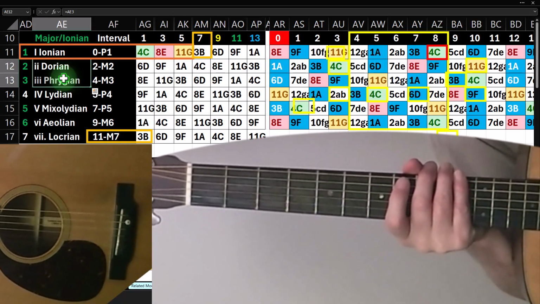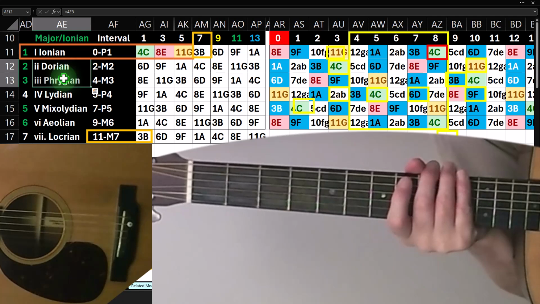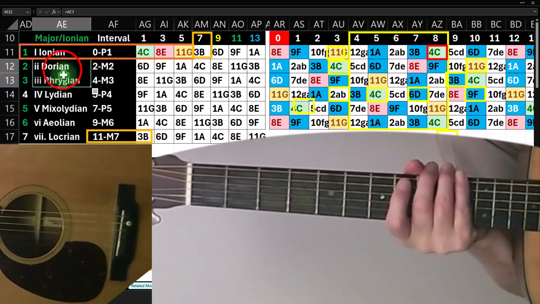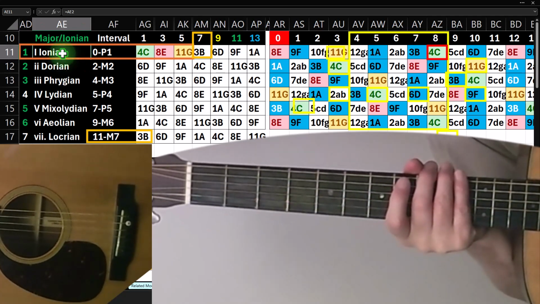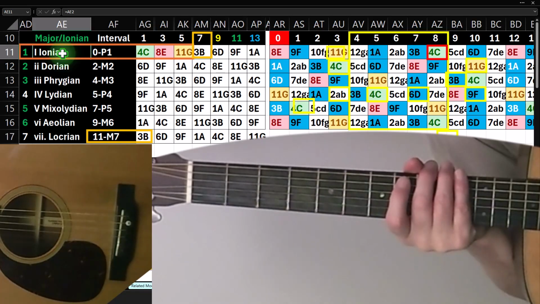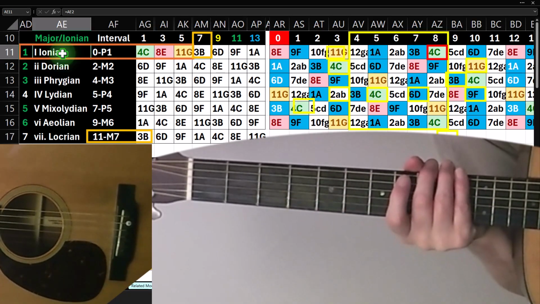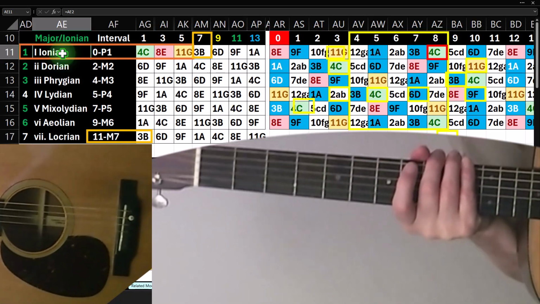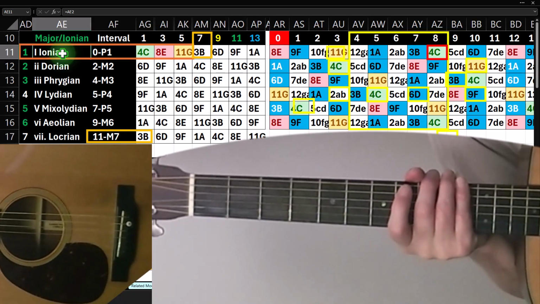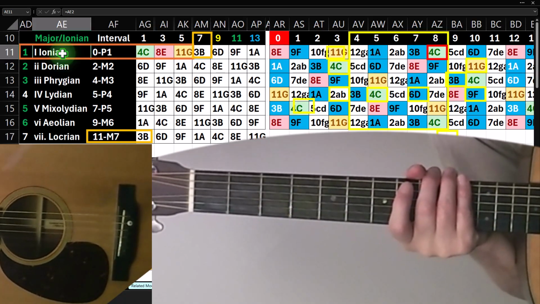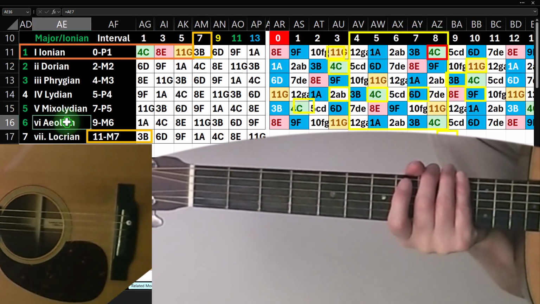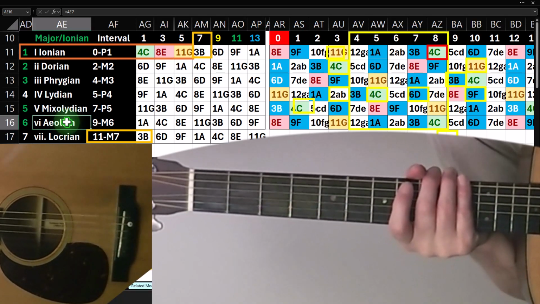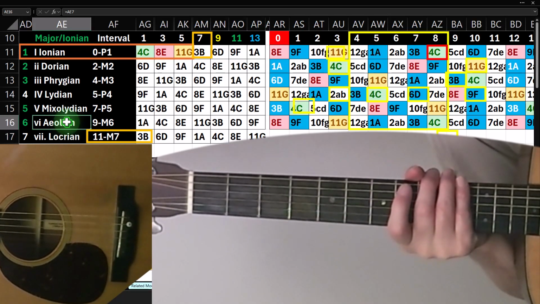Now remember, why is this useful to do? It's useful if you want to be playing in different modes, because if I'm in the major scale, then I would like to be able to play in Dorian, or in our case now, the Aeolian, which is the minor scale. And so I need to know this to some extent, of course, simply to play in a minor scale, so I can play something different.